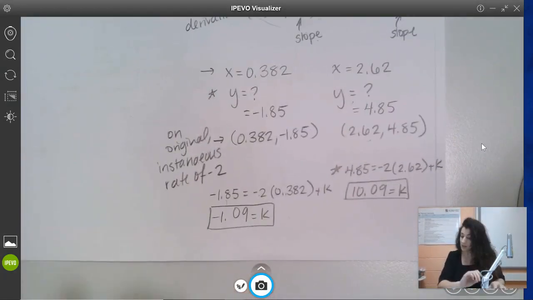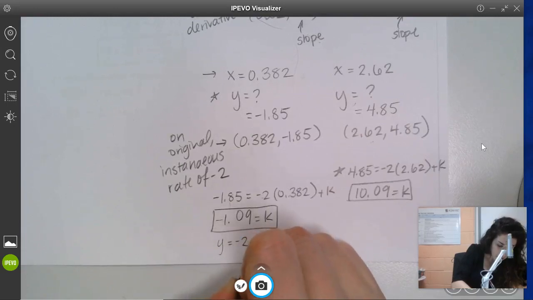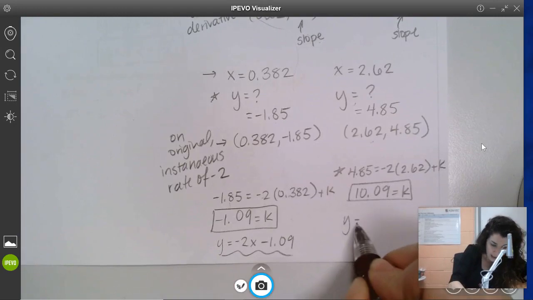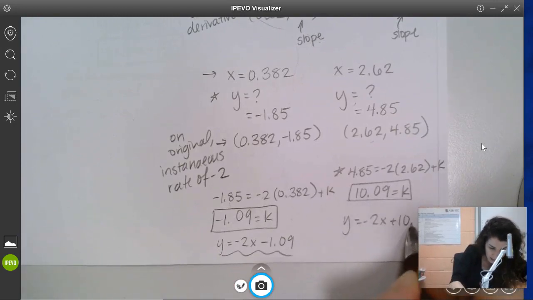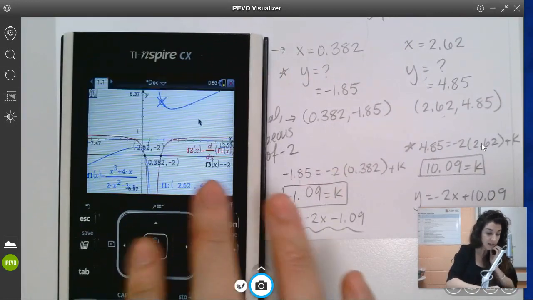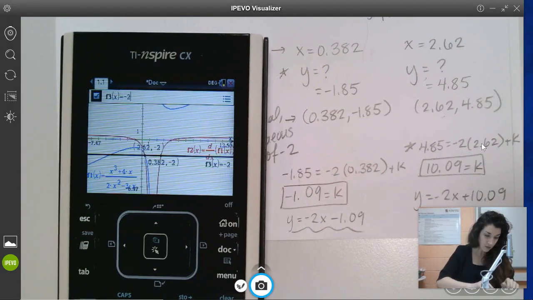If you would like, putting those entire equations together, that means we have y equals -2x minus 1.09, or y equals -2x plus 10.09. We could graph those if we wanted to be crazy. I'm going to take away the -2 and make it -2x minus 1.09.